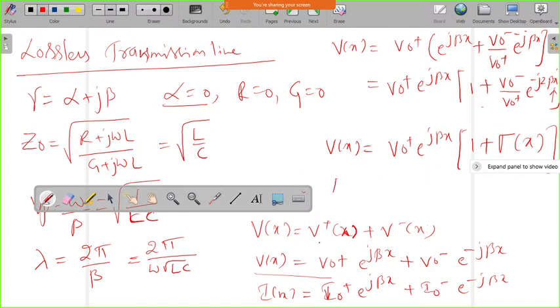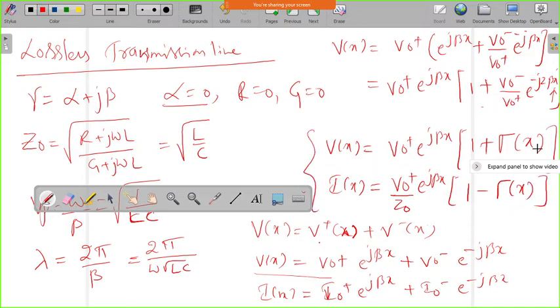Similarly, we can write I of x, which is equal to V naught plus into e power j beta x into, since it is a current equation, V naught plus by Z naught, and we will have 1 minus gamma x. So these are the two equations for a lossless transmission line, the voltage and current equations.